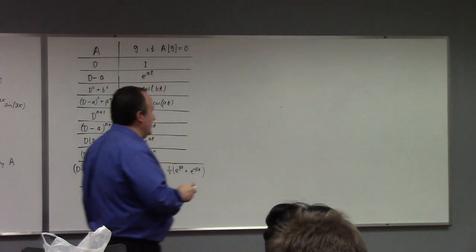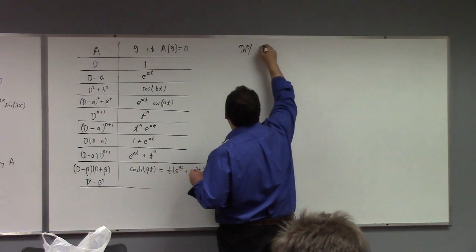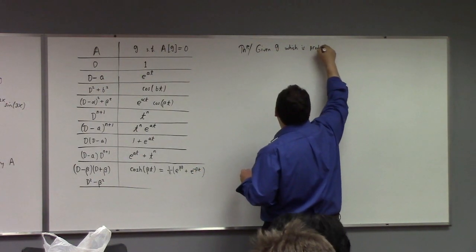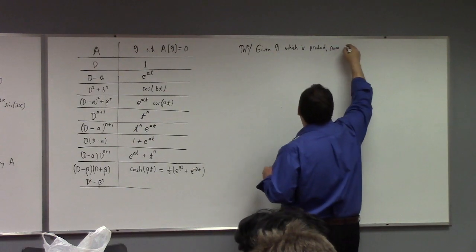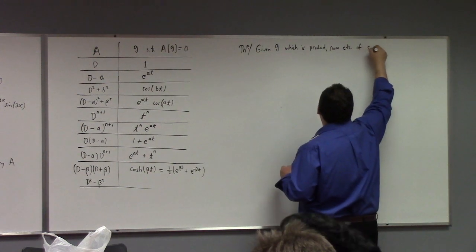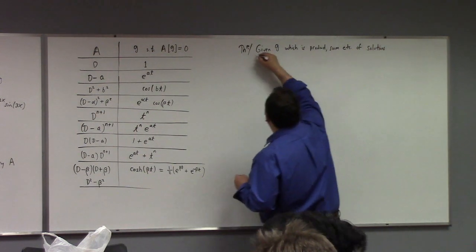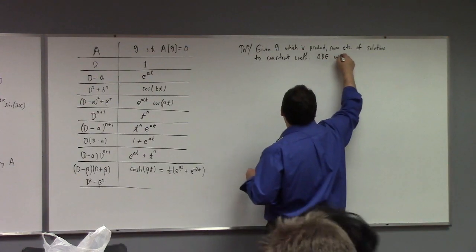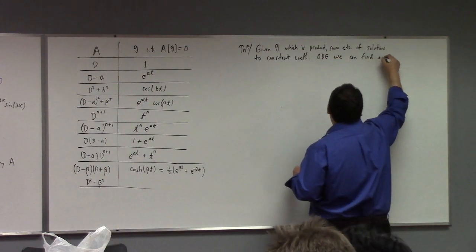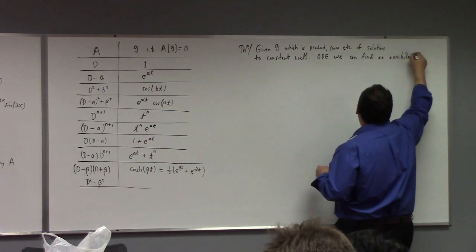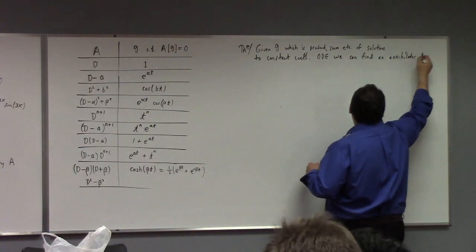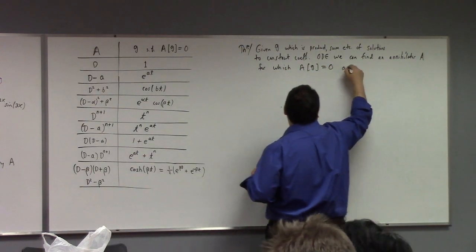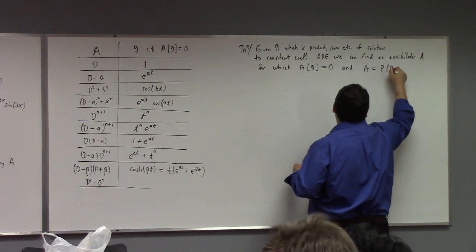So anyway, the theorem that I point out here is simply this: given G, which is a product, sum, etc., of solutions to a constant coefficient ODE, we can find an annihilator A for which A acting on G is equal to 0, and ultimately A is some polynomial in the differentiation operator.